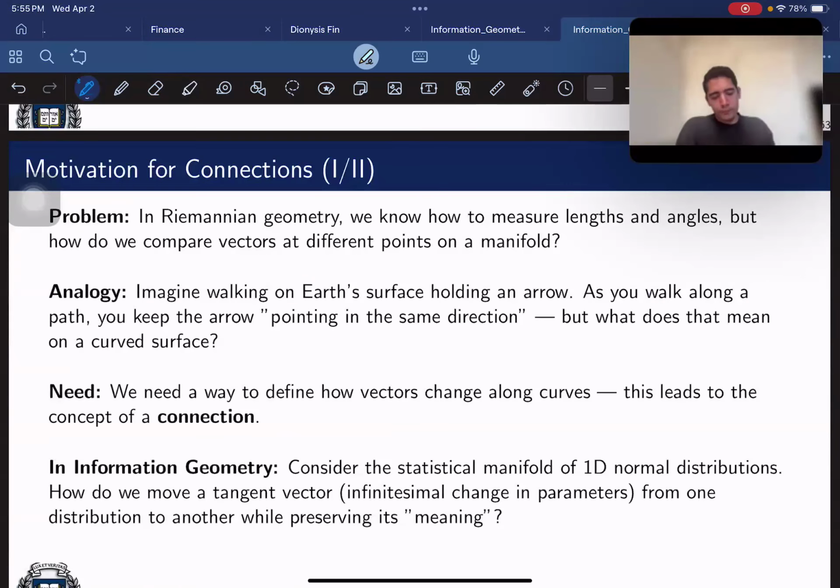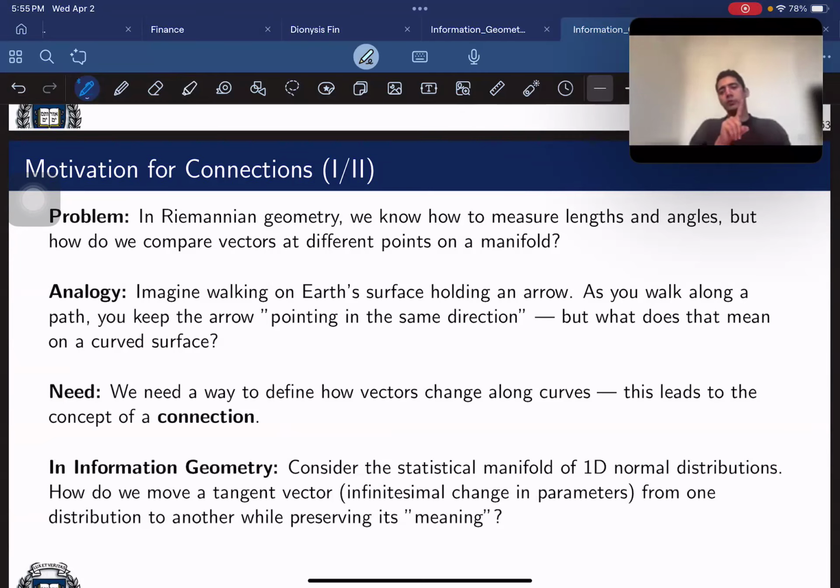So as we saw, in Riemannian geometry we know how to measure lengths and angles, but how do we compare vectors at different points on a manifold? Consider you're holding your compass and you're moving alongside the Earth. The compass is always showing you north.